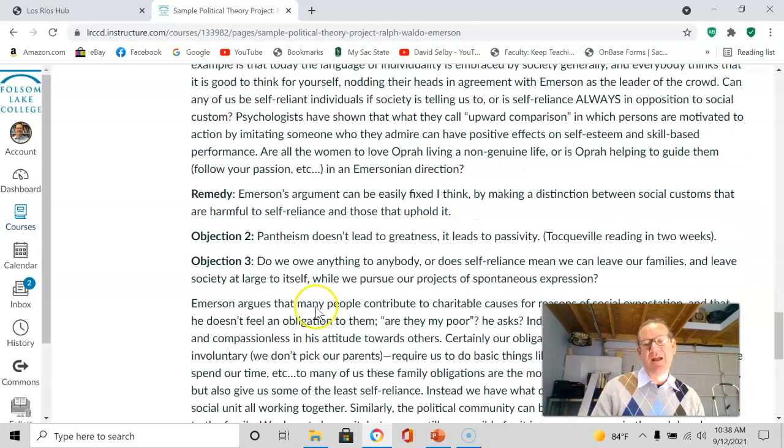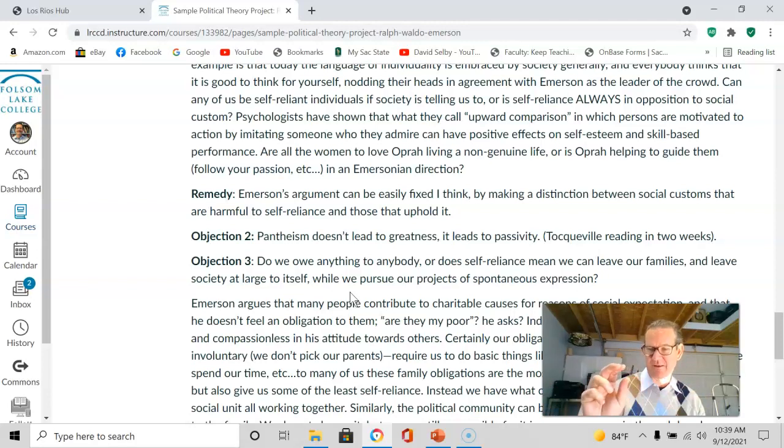Now, I also think that Emerson's argument can be relatively easily fixed here by making a distinction. So Emerson in this case is going to make a concession. Yes, Selby, this is a good objection. Maybe I was too harsh on social custom and some of these other things. And notice how I even put together my objection. I conceded or qualified, depending on how you want to look at this one, that I think he's probably right about the materialism. I just think he's wrong about this.